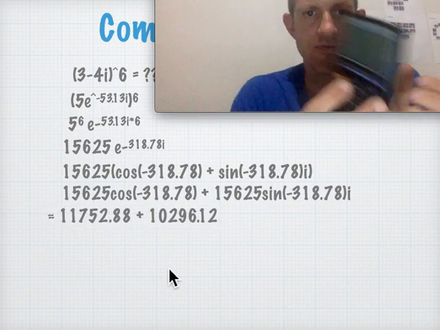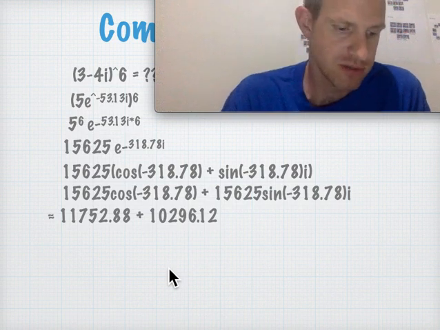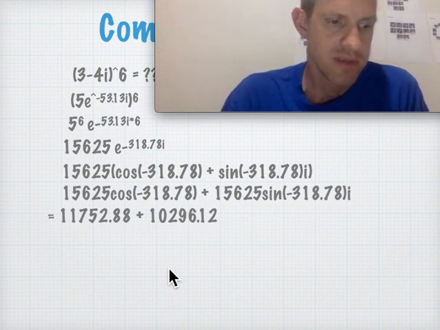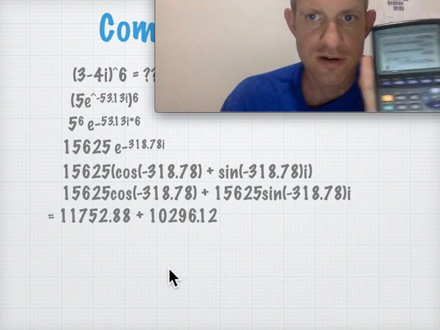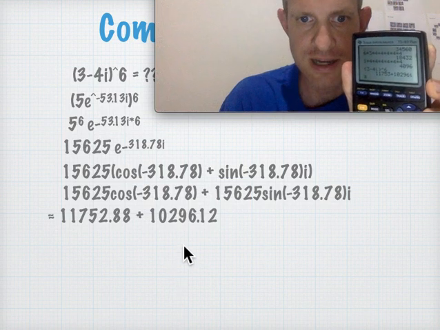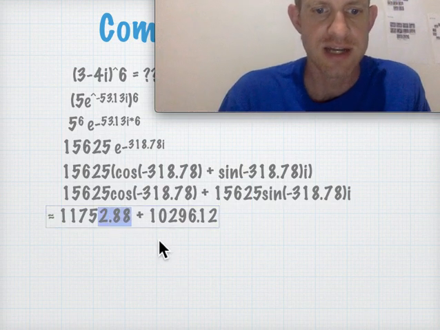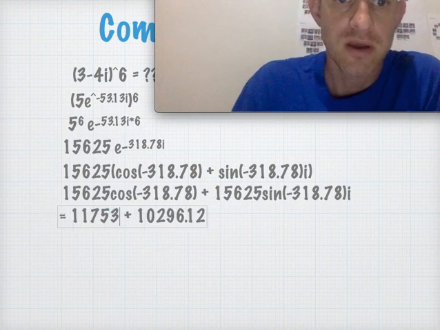So we can figure out what the real answer is by simply typing it into my calculator. 3 minus 4i, raised to the 6th power, gives us 11,753 plus 10,296i, which is pretty close to what we had here. Again, it wasn't exact because I had to round along the way.